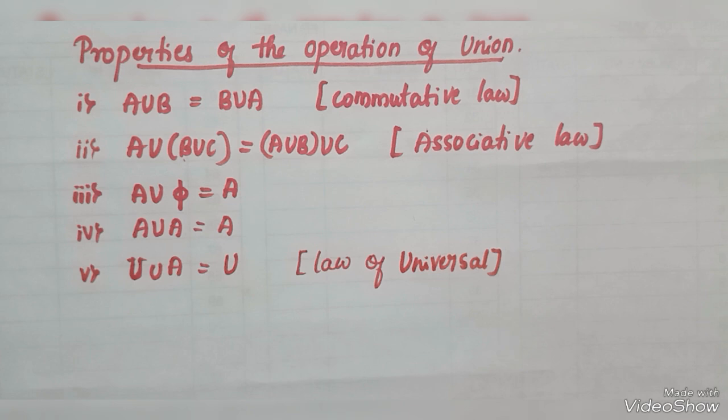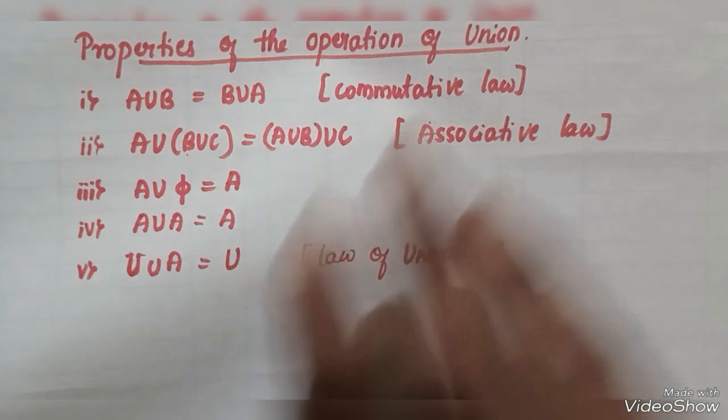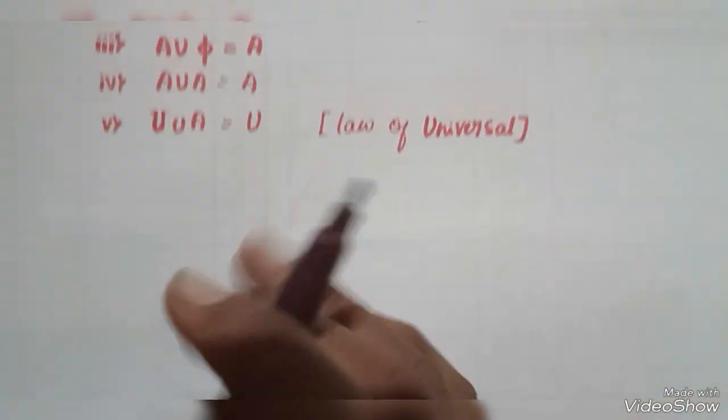Okay, now solve one by one property, because these properties are not asked directly in your exam, but based on the property they give problems. They don't ask you to prove the property, but based on the property take one example and solve. Here I am taking the first property.